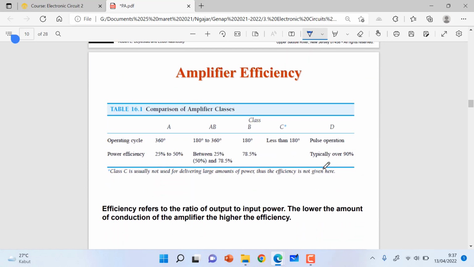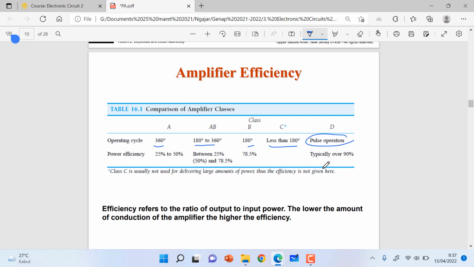So this is the key point. If we compare class A, class AB, class B, class C, and class D, the operating cycle of class A is 360 degree, AB is 180 degree to 360 degree, class B is 180 degree, class C is less than 180 degree, and class D is pulse operation.